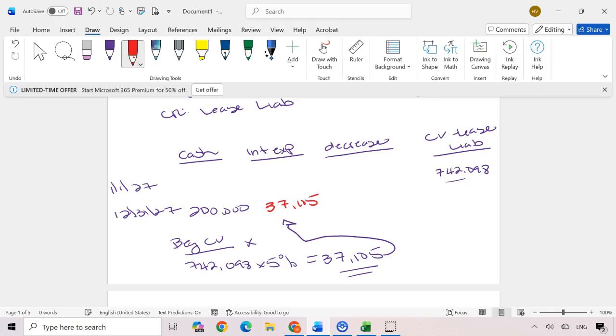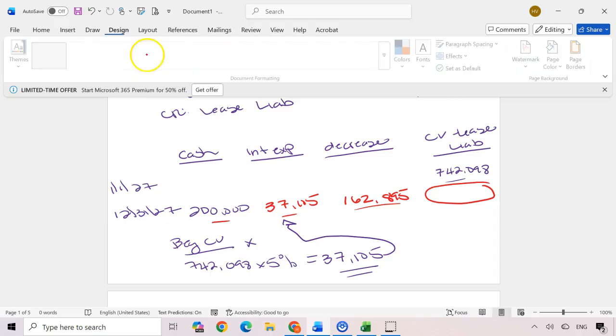And so then the decrease in the lease liability is going to be the difference between the payment and the interest expense. And that number is $162,895. Then we would take the lease liability minus the 162 to get a new carrying value for the lease liability as of 12/31, but we're not going to do that right now.